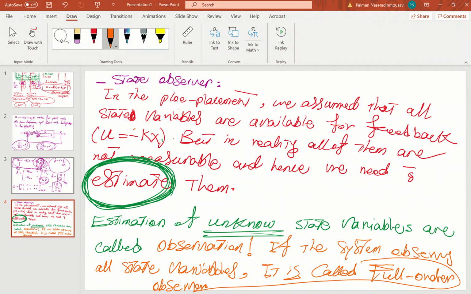Full order observer. If you can observe or estimate all state variables, it's a full order observer. Okay.